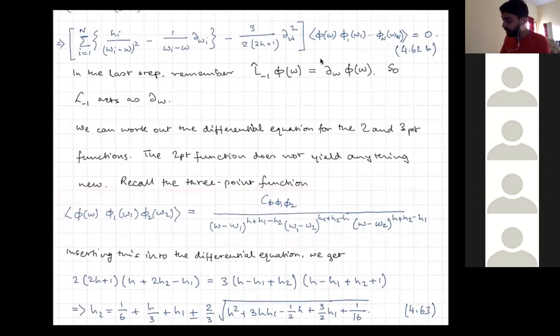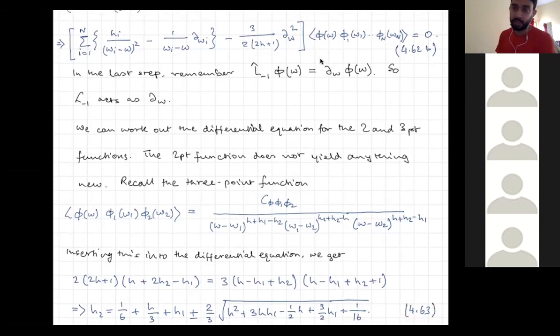So we plug this into this particular differential equation, and then what we found is this constrains the 3-point function. So if this has to be non-zero, then the h's have to satisfy a certain relation amongst themselves, and that is given by 4.63.